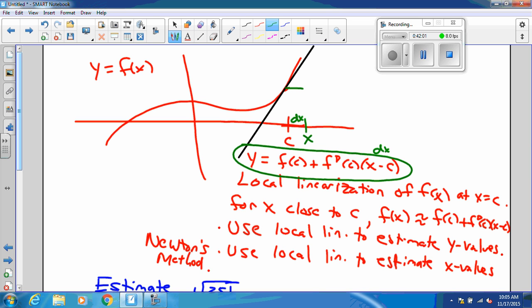And when I change by an amount dx in x, my tangent line is going to change by a corresponding amount dy, and dy is equal to y on the tangent line minus f of c.